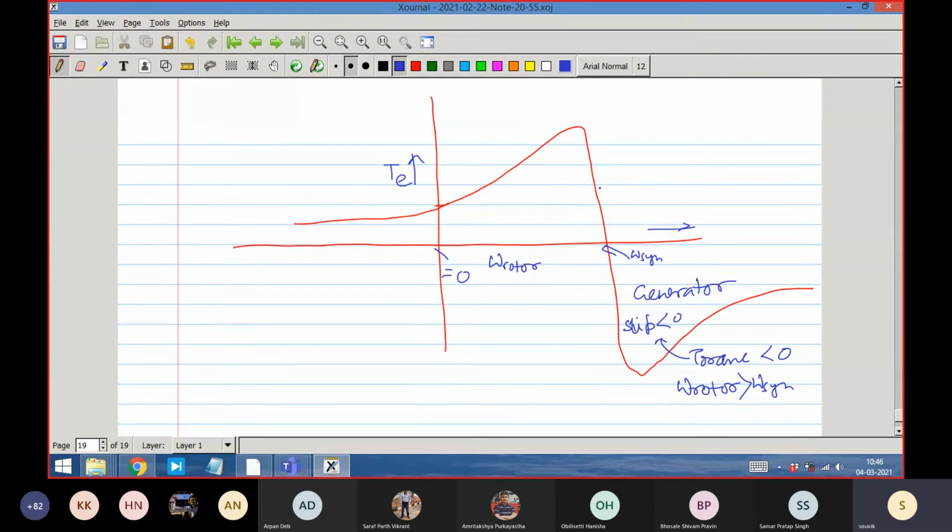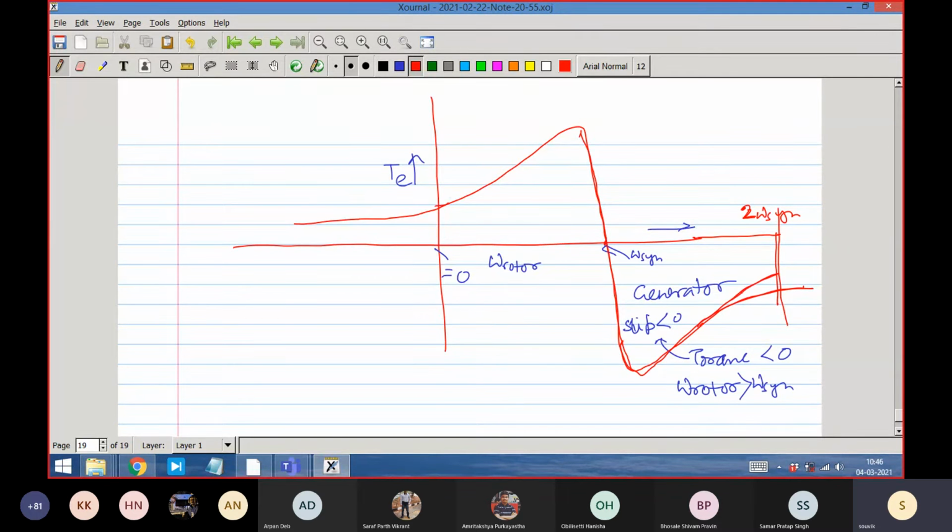And there is a beautiful symmetry here. There is a beautiful symmetry in this zone and this zone. This characteristic is similar. This speed you can call 2 omega sin. After that, here you call it 2 omega sin. 2 times the omega sin. I might not have drawn this very symmetrically.